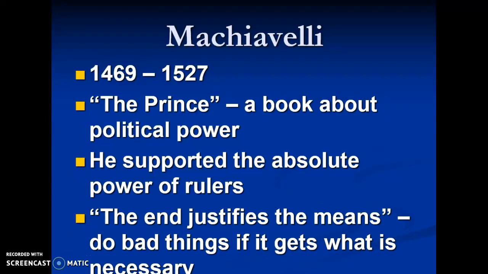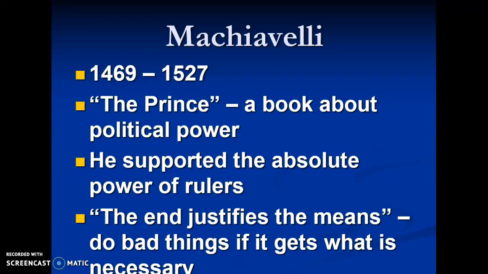So the end justifies the means. That means basically do bad things if it gets you what you need to do. And this can also be looked at as an ethical thing too, right? If I'm walking down the street and somebody tries to rob me with a gun and I wrestle the gun out of them and I shoot them and I kill them, well, I could say, I had to do that, otherwise it was basically either me or him, right?